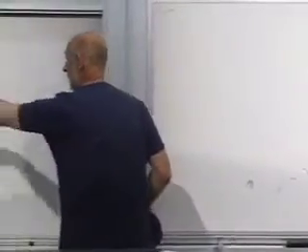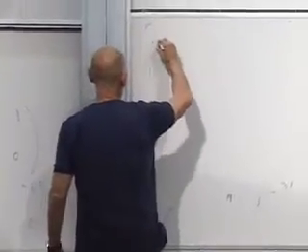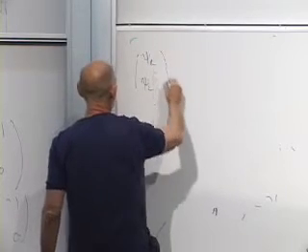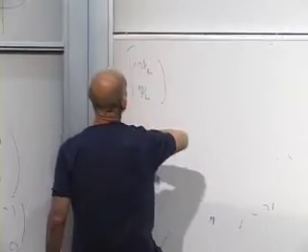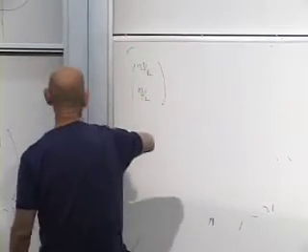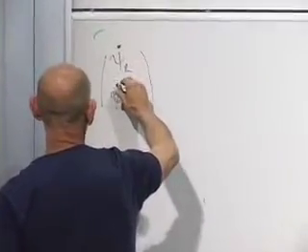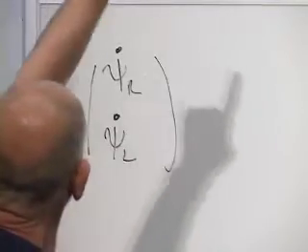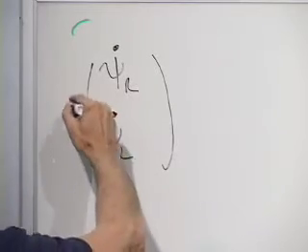Okay, so here we are, what does it say? In column notation, it says psi right, psi left. Omega equals alpha k, so omega is always the same as i times the time derivative.